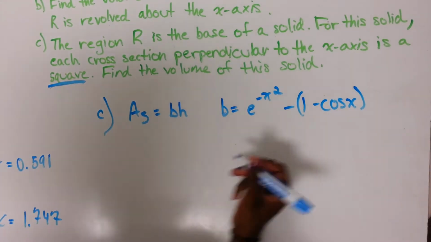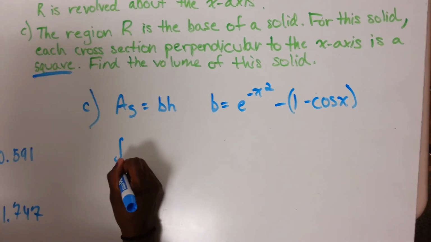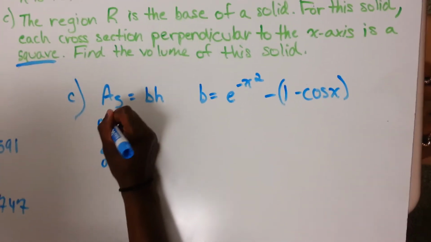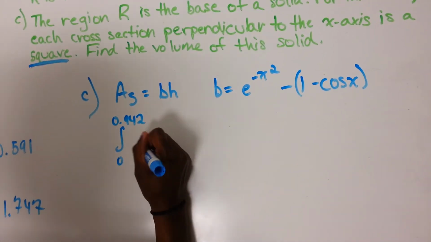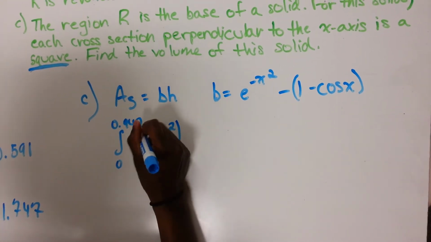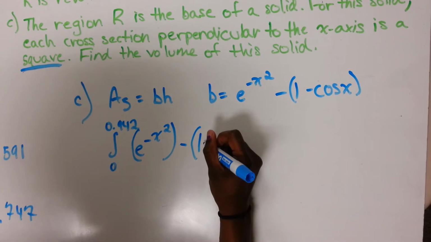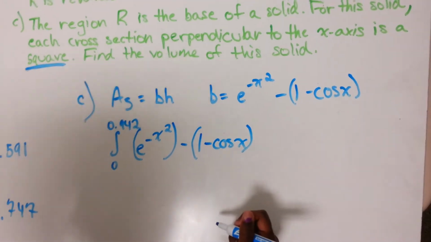So all you do is you do the same integral from 0 to 0.942, and you do parentheses, e to the negative x squared, minus, parentheses, 1 minus cosine x, close your parentheses.